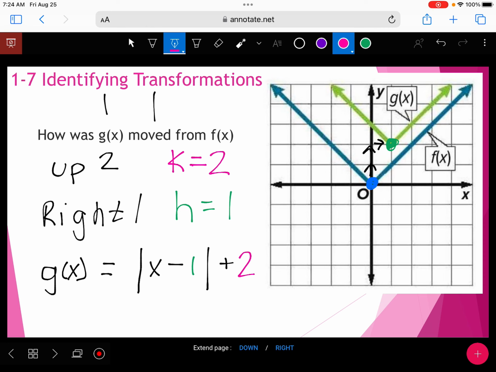X minus H plus K. So on the back of homework 7, it has problems very much like that. Find that important point, the bounce point, the vertex, however our brains are thinking about it. Always looking for that bottom point and how it has shifted from the origin, from that 0, 0.